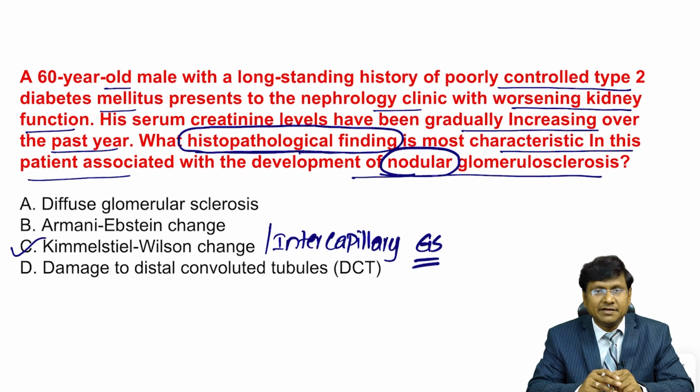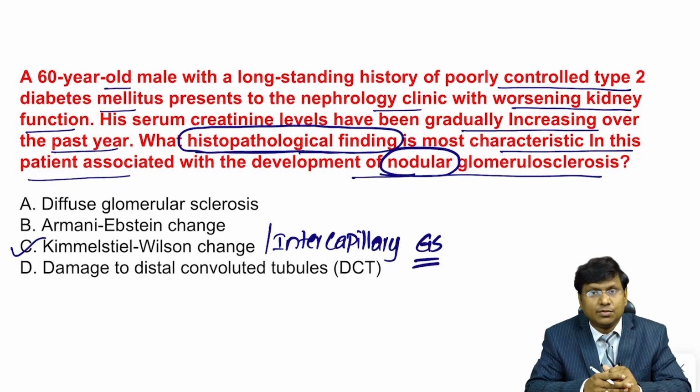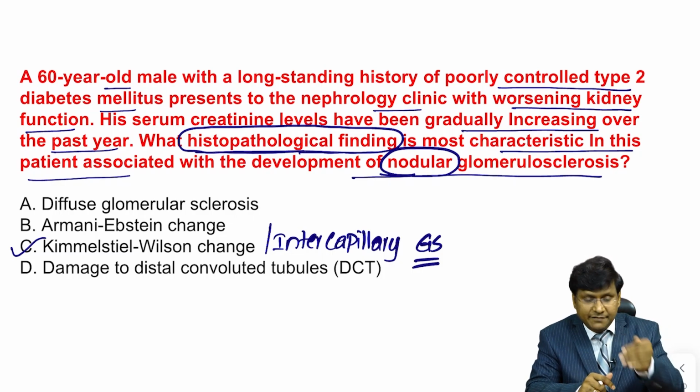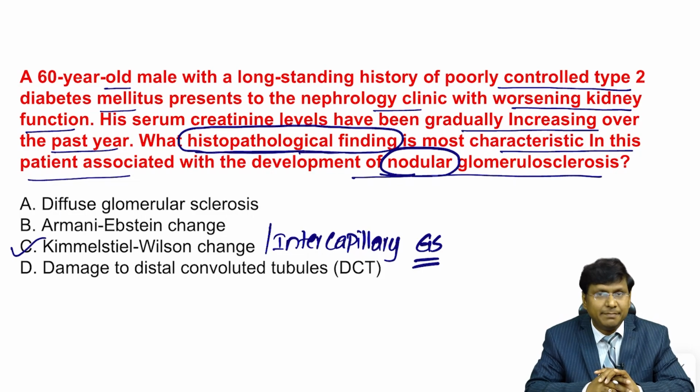So, in case of diabetic nephropathy, there are two important changes. One is diffuse glomerulosclerosis and the other one is nodular glomerulosclerosis. Diffuse glomerulosclerosis is more common than nodular glomerulosclerosis. In diffuse glomerulosclerosis, the earliest finding will be thickening of the basement membrane. And there are two important exudative lesions that you will have. One is the fibrin caps, right?